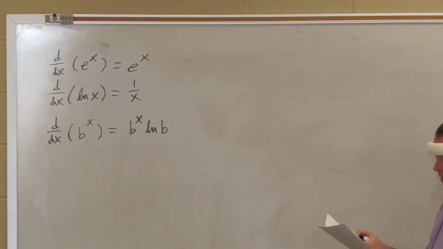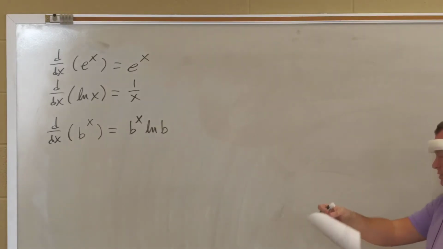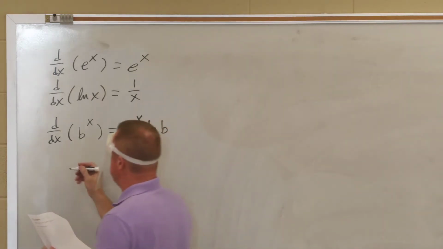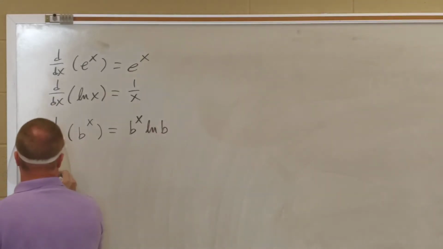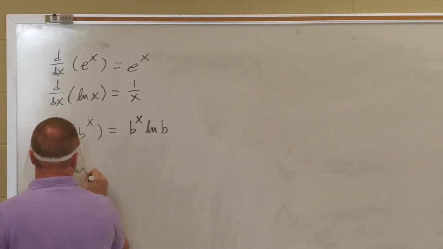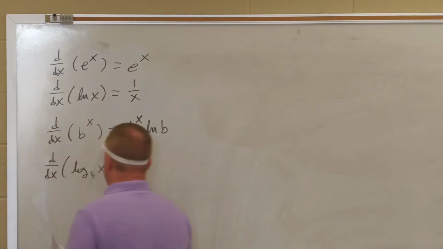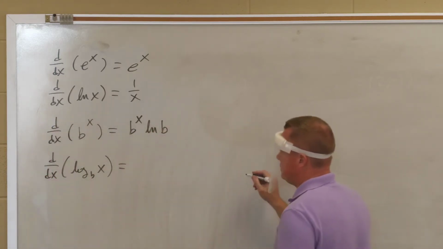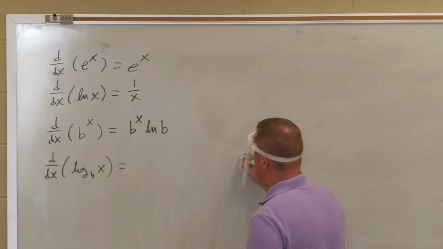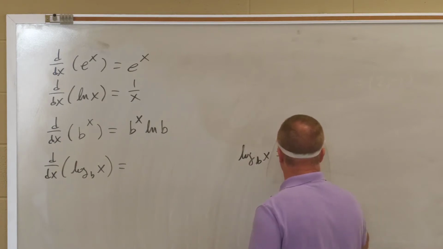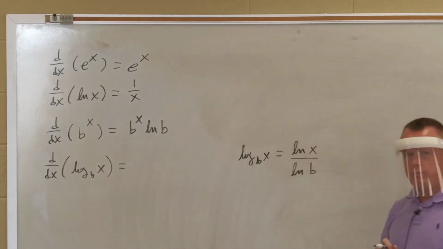And then if you have a log that is to a different base, like say you're going to take the derivative of log base b of x, then what you can do there is rewrite log base b of x as ln of x divided by the ln of b.